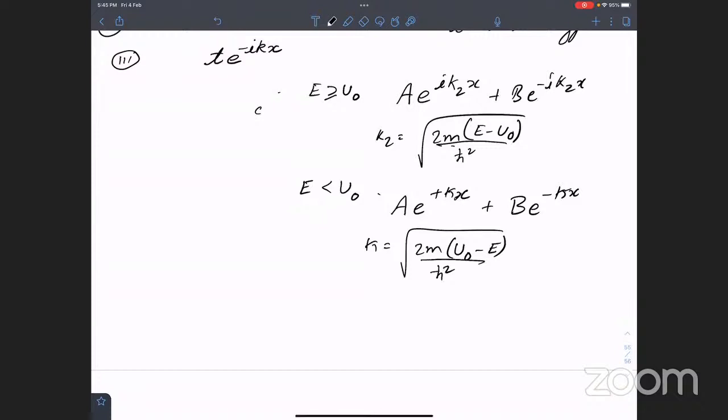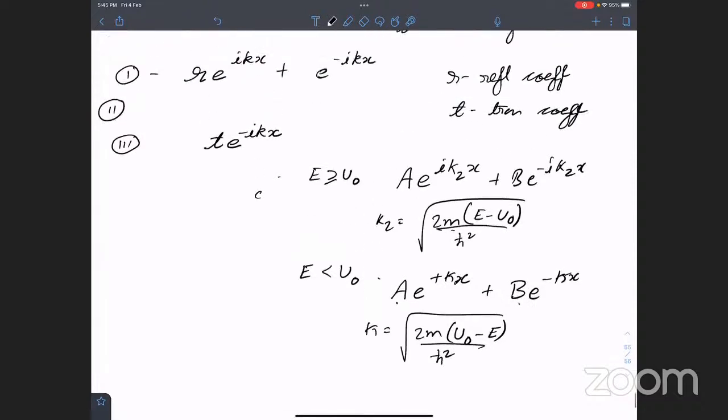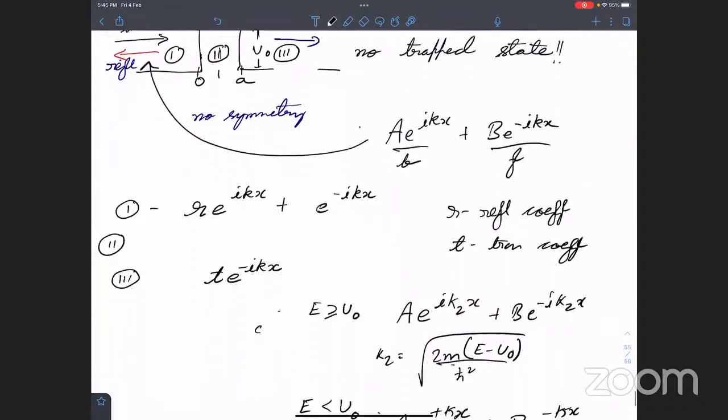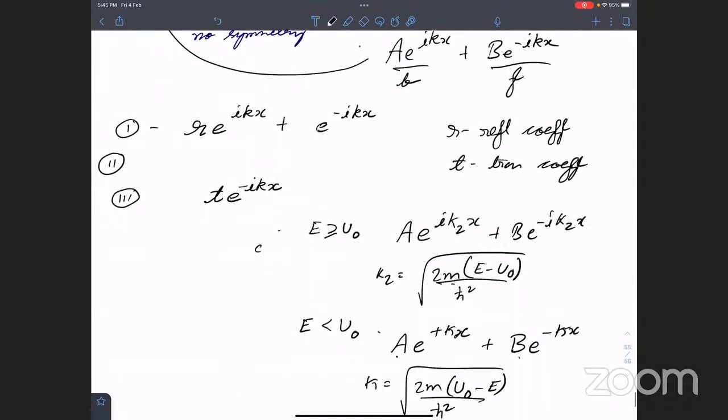Remember, when we did this for the finite well, I said one of these constants will go away, but we cannot do that inside, because inside this is only true from x equal to 0 to a. None of these terms will blow up or go to infinity, so I cannot drop any of them.